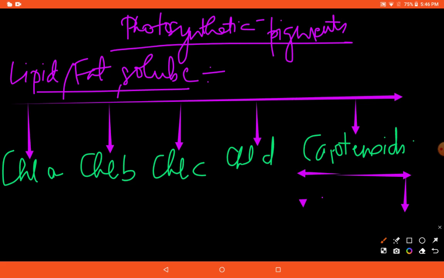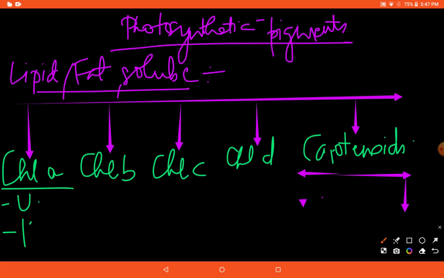Got it? Chlorophyll A, always remember, is universal. It is primary. Whether you go anywhere, you'll find chlorophyll A. Chlorophyll A is always present. Formula is C55H72O5N4Mg.